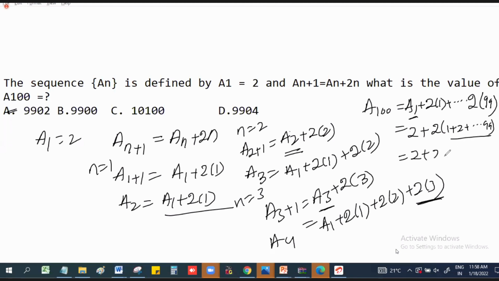So 2 plus 2 into, what is the sum of natural numbers? n into n plus 1 by 2. So n is what? 99 plus 1 will give you 100. N into n plus 1 divided by 2. Essentially this 2 will get cancelled. Then your answer is going to be 9902.